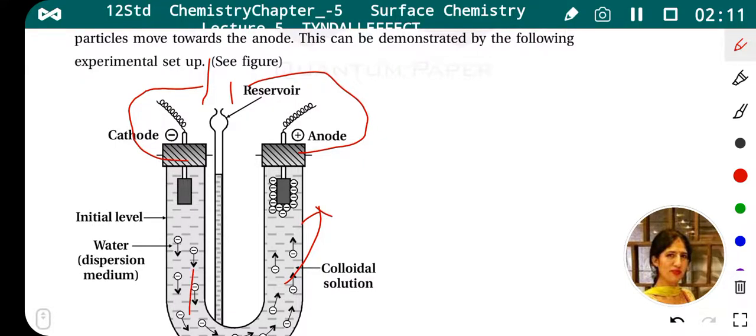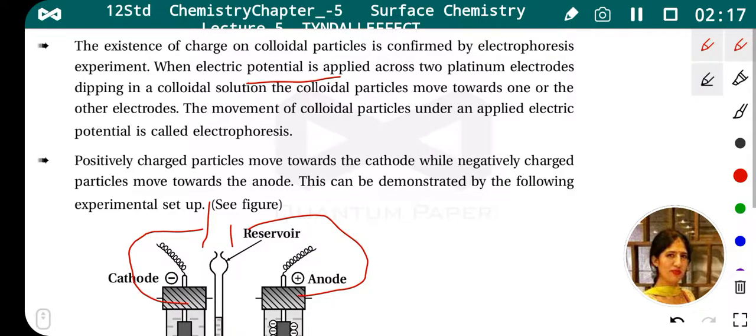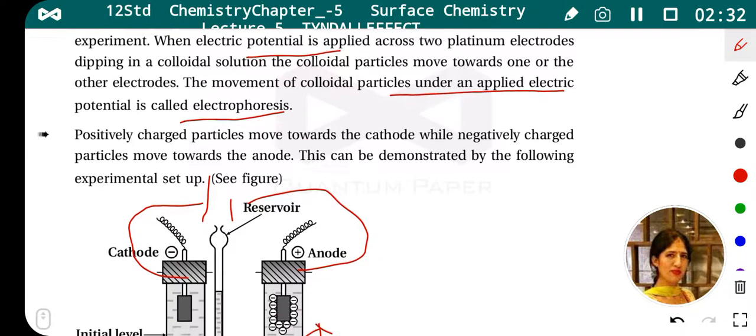And this movement of colloidal particles under the applied electric potential is called electrophoresis.